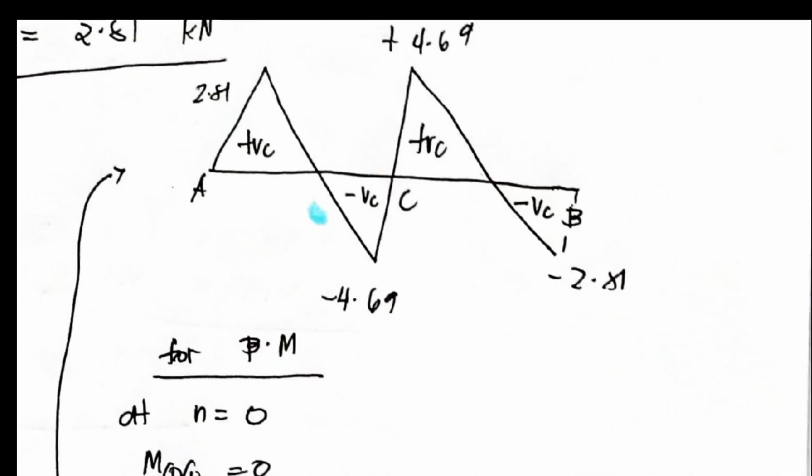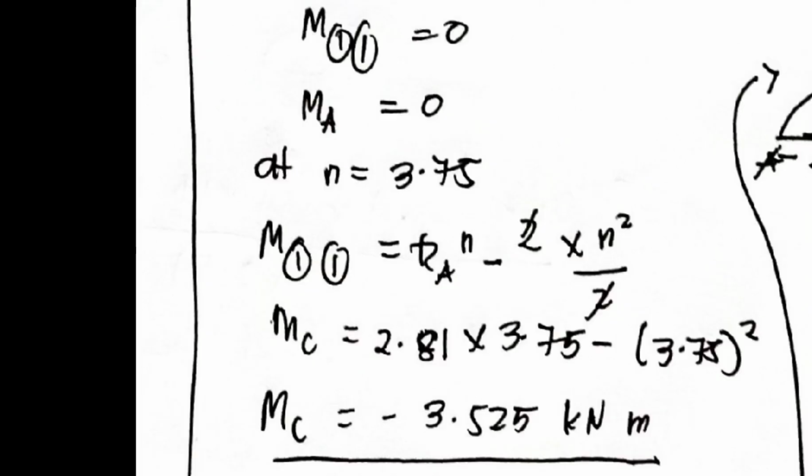For the bending moment, at N equal to 0, M11 is equal to 0, so MA is equal to 0. At N equal to 3.75, M11 is equal to RA times N minus 2 times N squared over 2. So MC is equal to 2.81 times 3.75 minus 3.75 squared. The value of our MC will be negative 3.525 kNm.